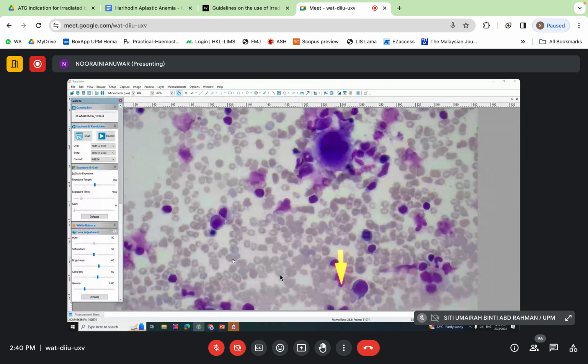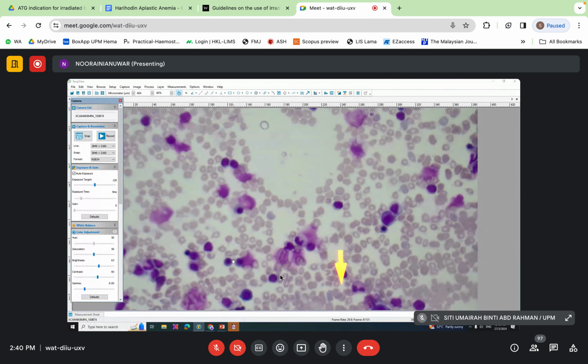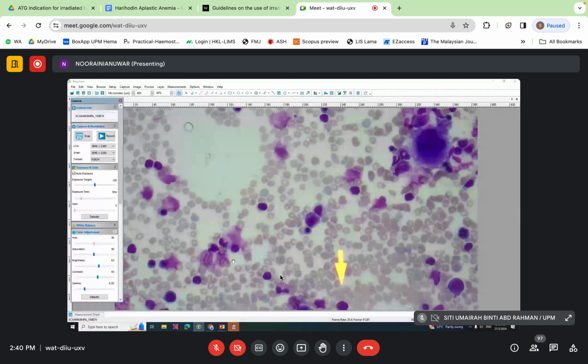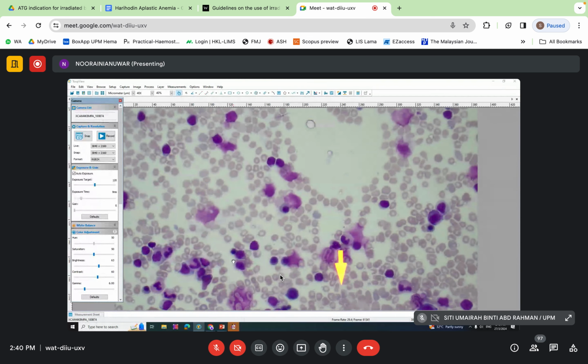When zoomed in, we count around 37% lymphocytes, which have similar morphology to the peripheral blood. We don't include the smear cells in the nucleated cell count. The lymphocytes here have a clumped chromatin pattern and inconspicuous nucleoli.